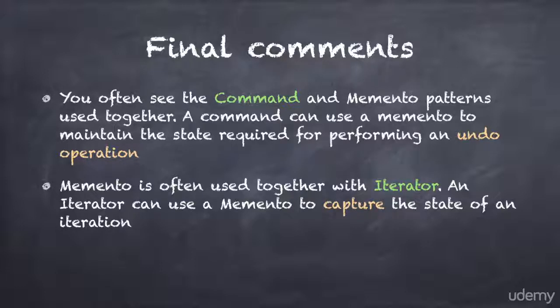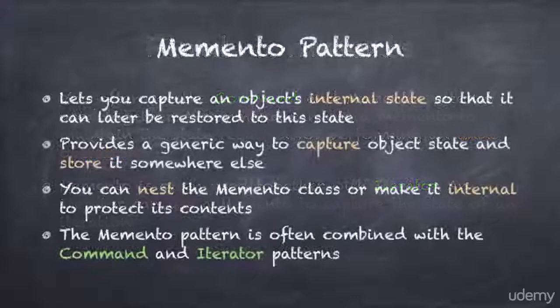Okay, so here is a summary of everything that we have learned in this lecture. The memento pattern lets you capture an object's internal state, so that it can later be restored to this state. The pattern provides a generic way to capture object state and store it somewhere else.